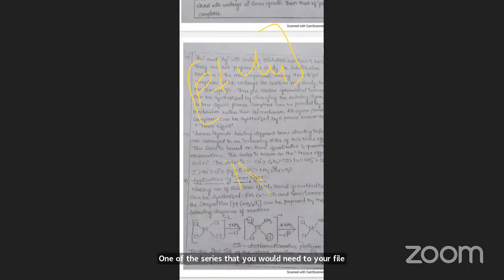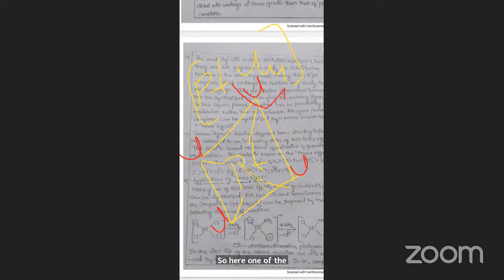Platinum is the central atom, and the 4 corners are occupied by 4 Cl. The geometry is square planar. Here one of the Cl is substituted by another ligand.